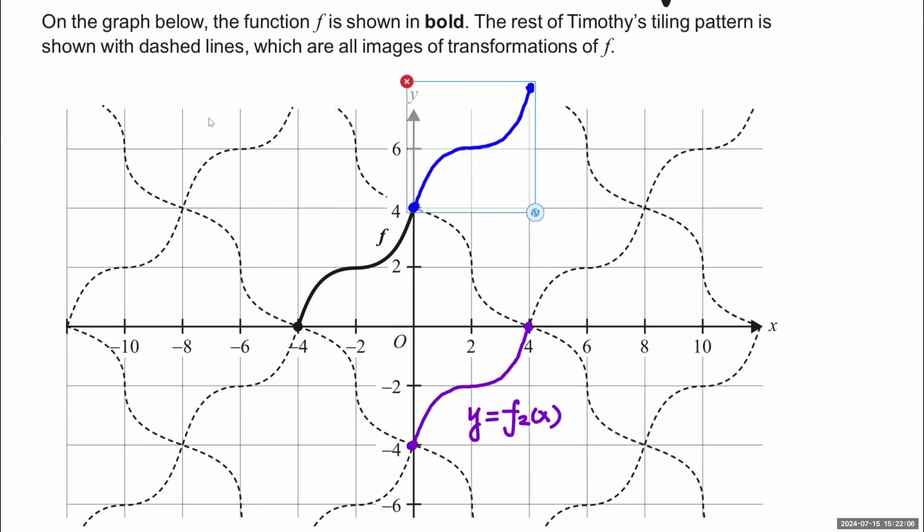So you could say this part is y equals f of (x minus 4) plus 4, with the domain of 0 to 4. This is one possible version here.